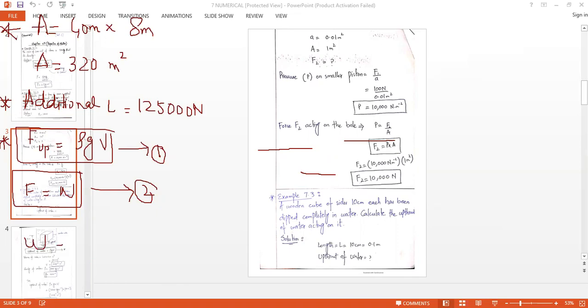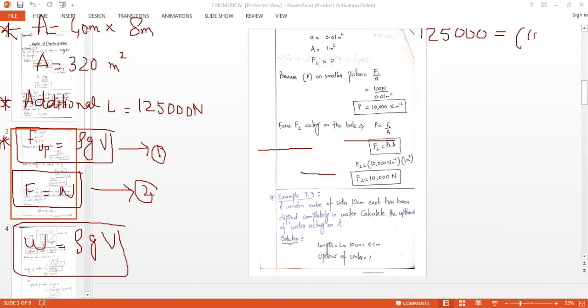That is W equals rho G V. Putting the value of W, 125,000 equals the value of rho, which is 1,000, times V, and the value of G is 10.